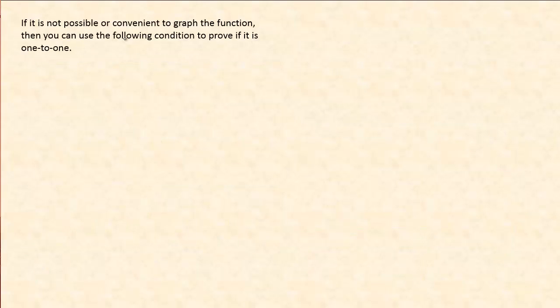If it is not possible or convenient to graph the function, then you can use the following condition to prove if it is one-to-one. A one-to-one function satisfies the condition that if x is not equal to y, then f of x is not equal to f of y.